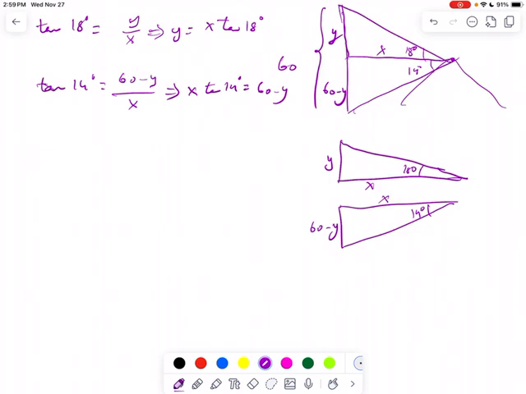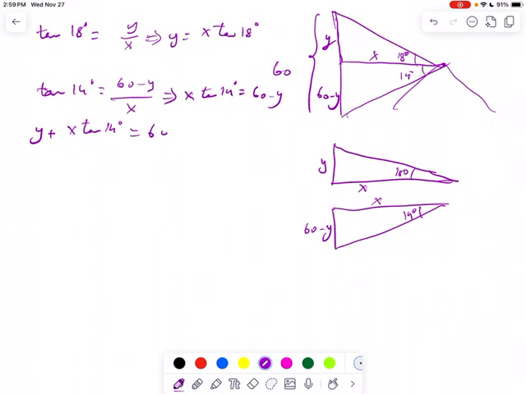Now we can add y to both sides. So you get y plus x tangent 14 is equal to 60. So that y will be equal to 60 minus x tangent of 14. So now we have two equations for y, so two results for y.